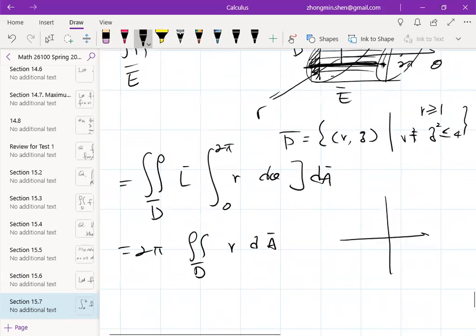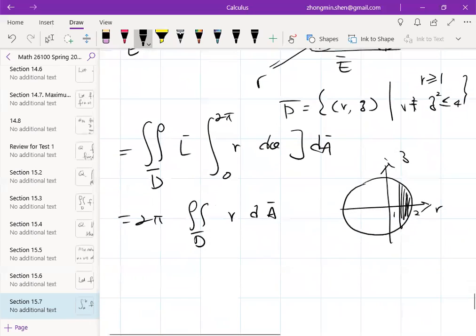Then you look at the picture again. Here's r, here's z, and this is a picture, and this is your domain D bar. Okay, r from 1 to 2. Then you have two different ways to write the iterated integral.